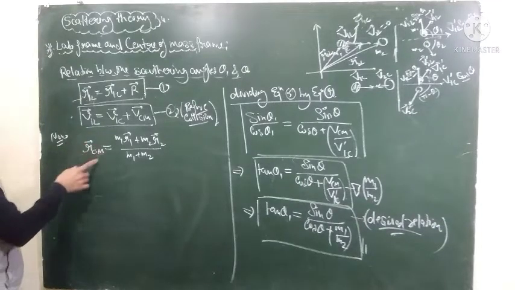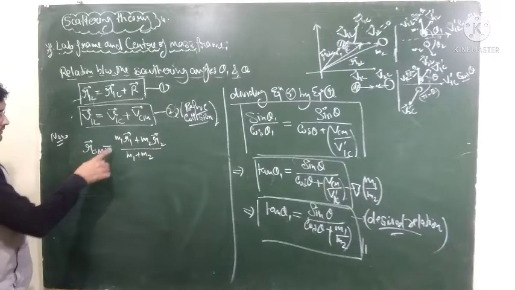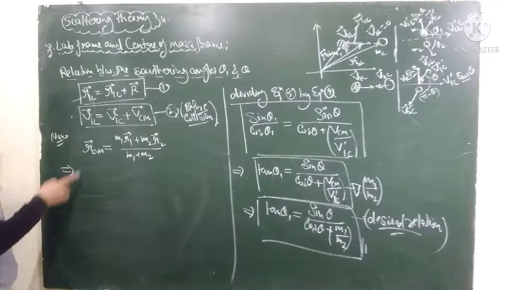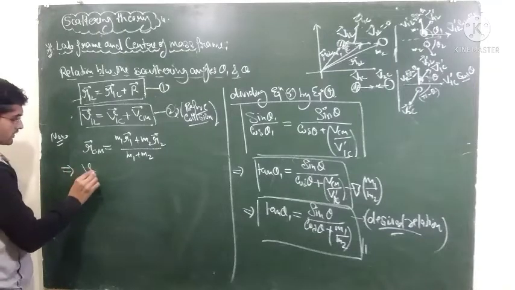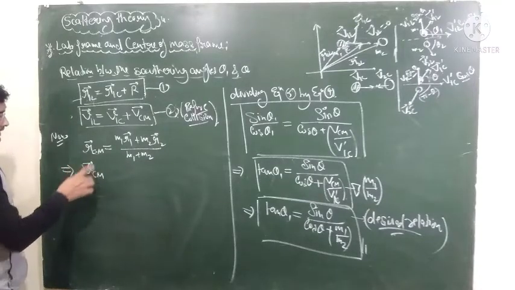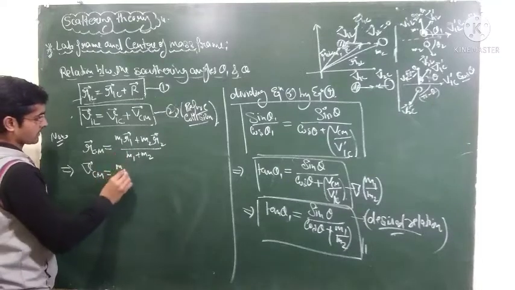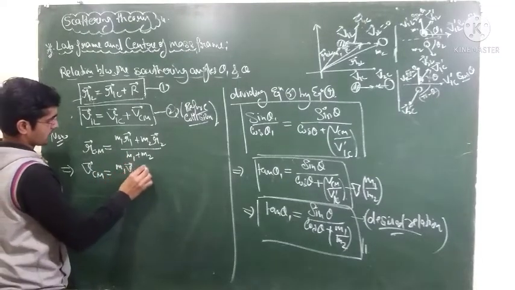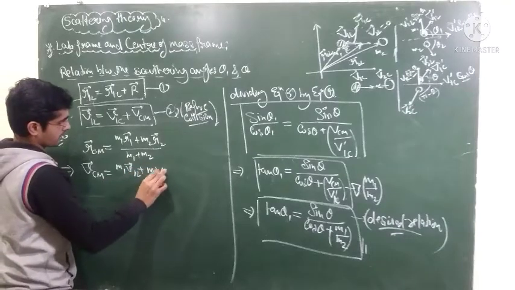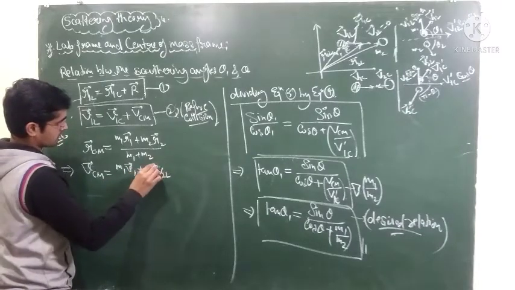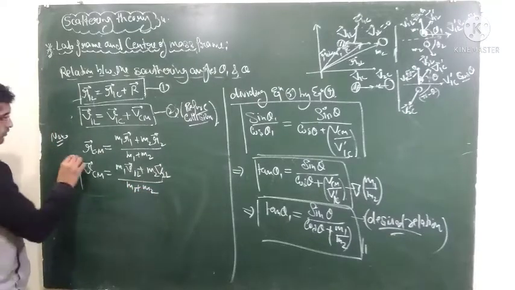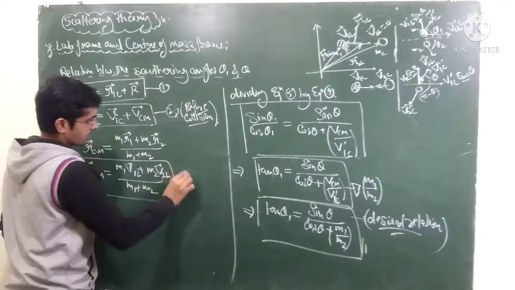But this is the position of center of mass in the lab frame. By using this equation, you just have to calculate the velocity of center of mass in lab frame, which will be equal to m1 v1l, right, plus m2 v2l divided by m1 plus m2, right?